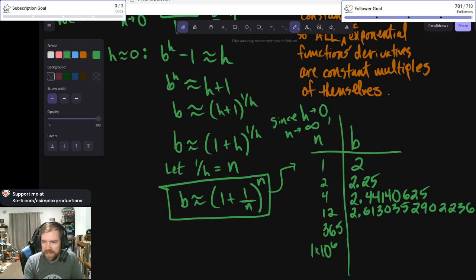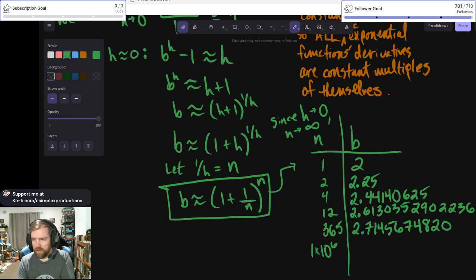I don't think that terminates as it is, but it will eventually terminate. 365. Yeah, these are all fractions, so they will terminate eventually. 2.7145674820245. And a million for n ends up getting us 2.782804693193.